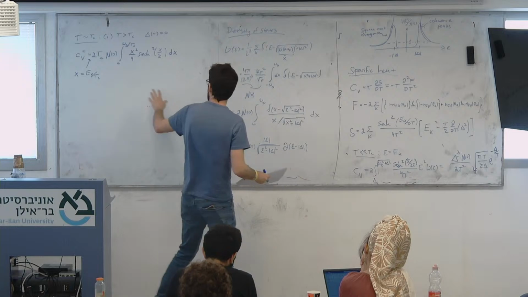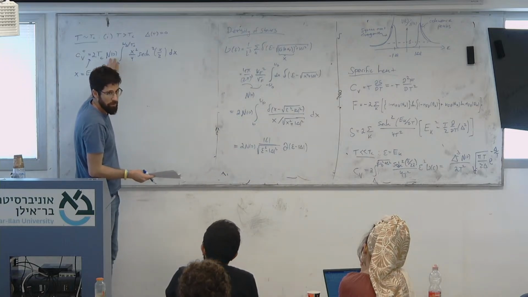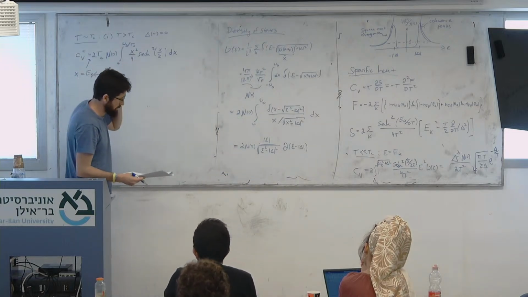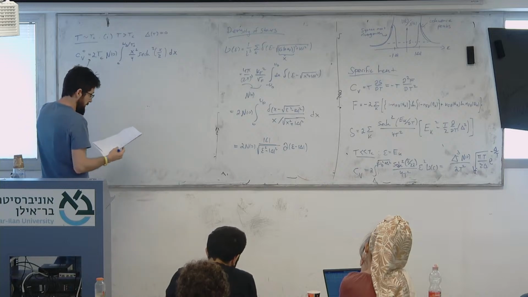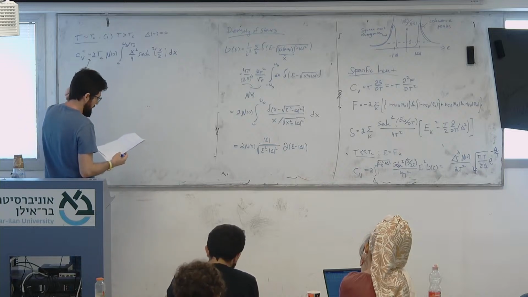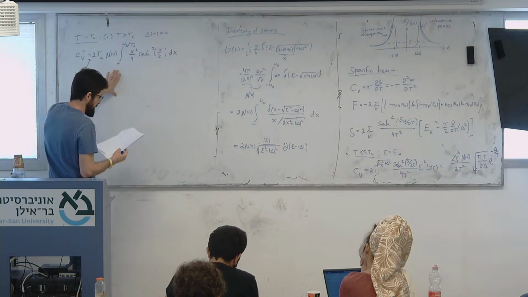Okay, and the density of states takes us from an integral over energy to an integral over k, which is what we started with. Okay, so if there are any questions, stop me. But this is what we need to compute.